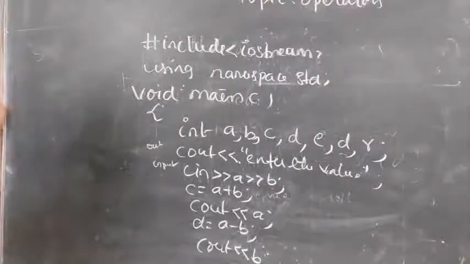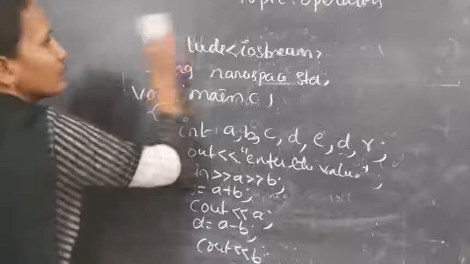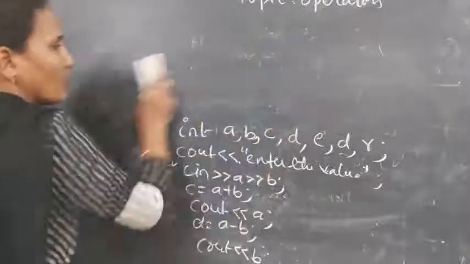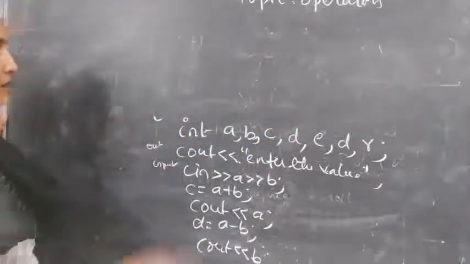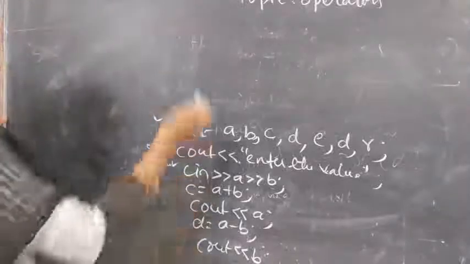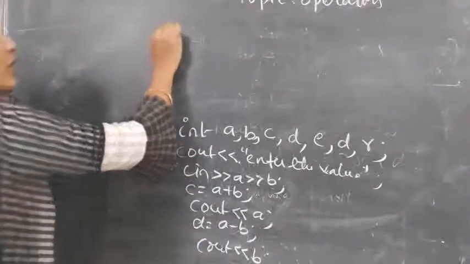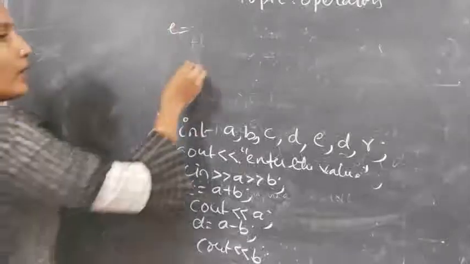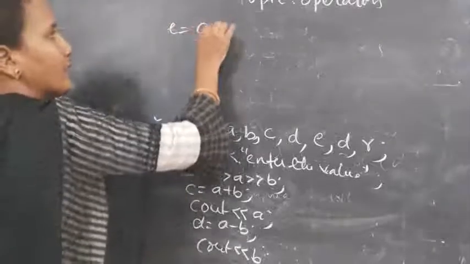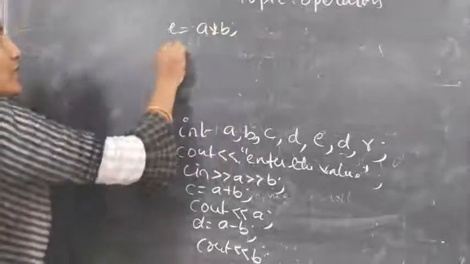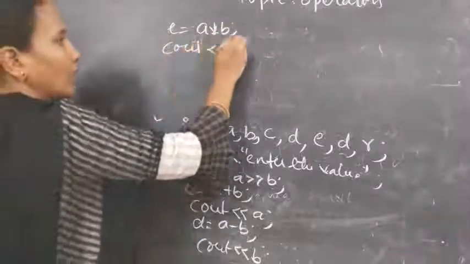You take a screenshot of this. Now the next one is multiplication. Next e equals a asterisk b. It's a multiplication. cout e.